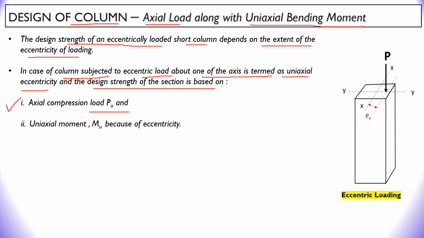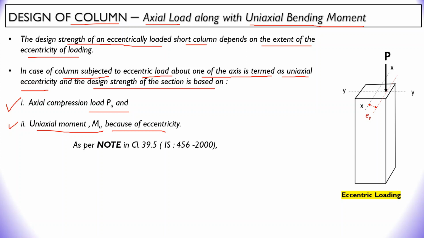The second thing is the uni-axial moment, or technically the factored bending moment Mu, which may be because of eccentricity or may be directly applied, not because of eccentricity.